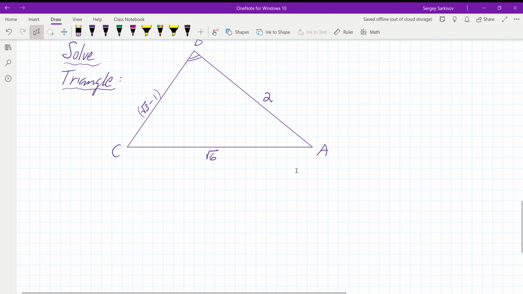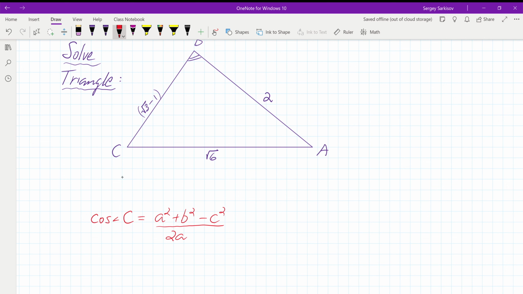So if cosine angle C, remember, let's write all these, was equal to the two touching sides, a squared plus b squared, summation of those squares, minus opposite side squared, c squared, all over 2 times the product of the touching sides, ab.